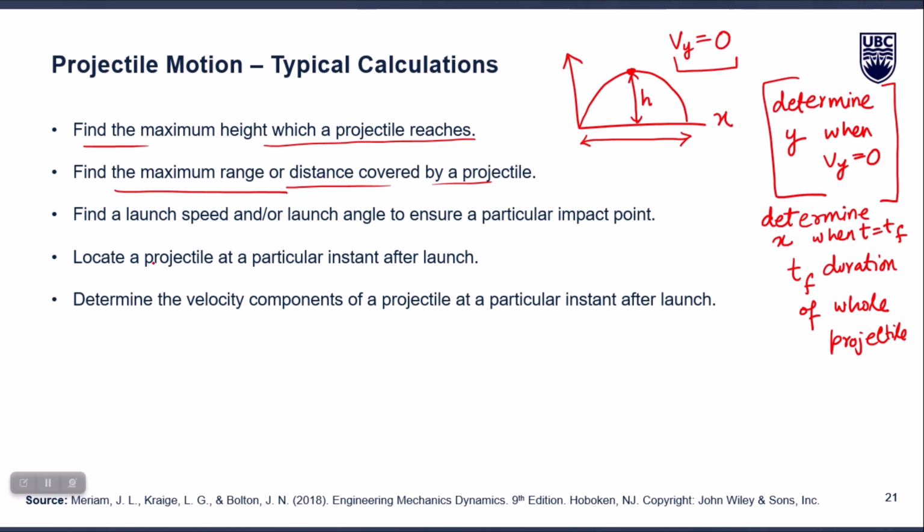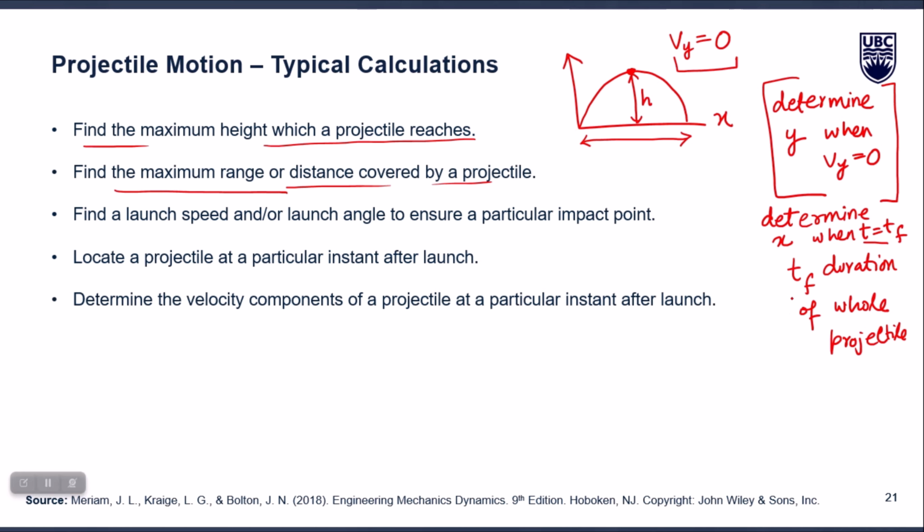So for the second case, you need to first determine the value of t sub f, the complete duration of the projectile, and at that particular instant when t is equal to t sub f, what is the value of x? That is the whole x range.